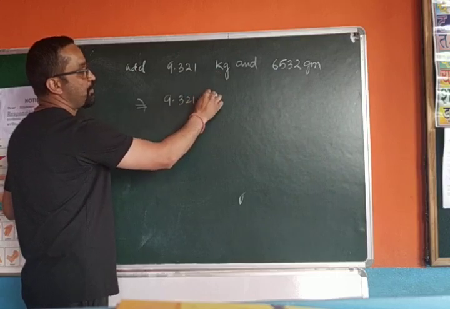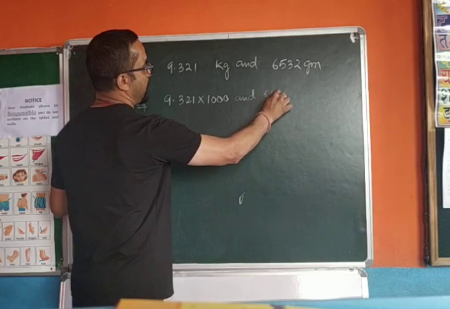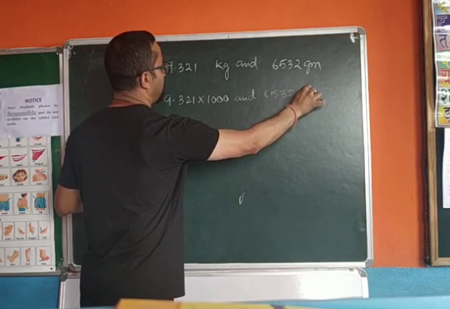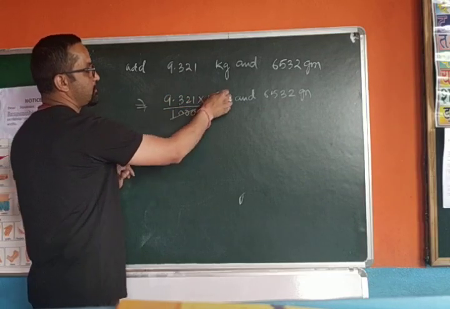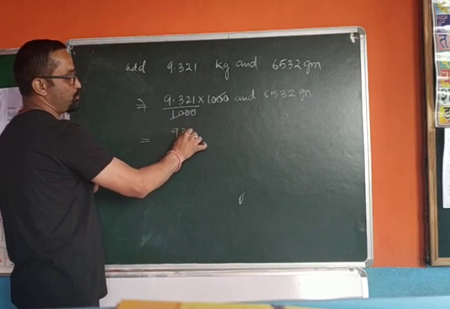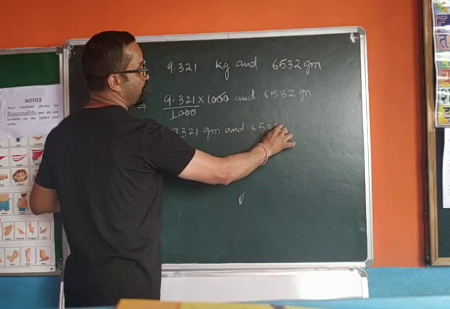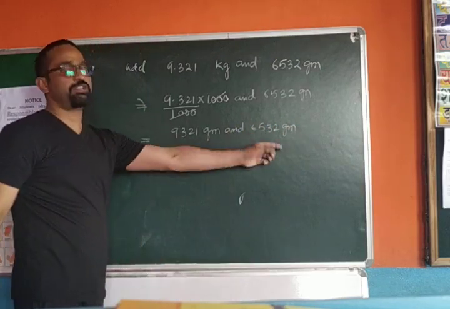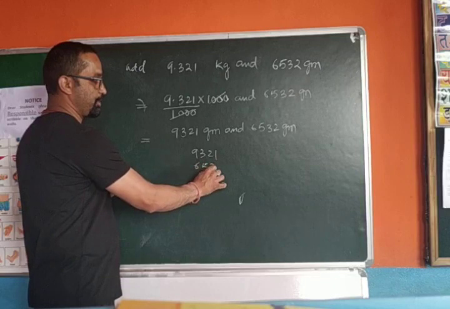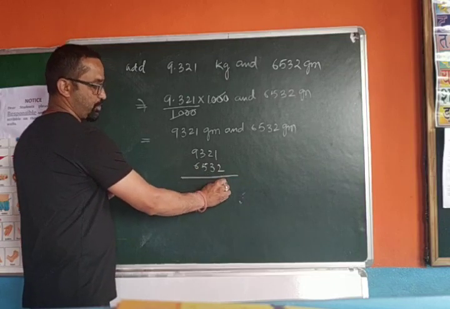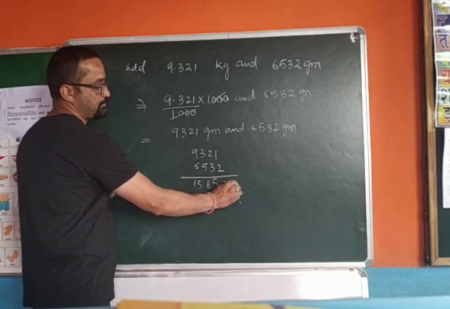9.321 kg. I'll change it into grams, so I'll write times 1000, and 6532 gram. You can remove the decimal: 1, 2, 3 zeros, you put, cancel it. So you get 9321 gram and 6532 gram. Same unit, you can add it up. 9321 plus 6532, you get 15853 grams.